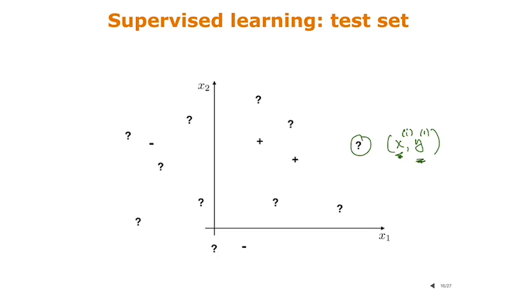But I don't know the label. The label is unknown until I actually see and view the movie, and then I know whether I would have wanted to see it or not. Okay? But the task that I wish to solve is to correctly label these question marks here associated with the future movies, rather than the training examples for which I already knew the labels.